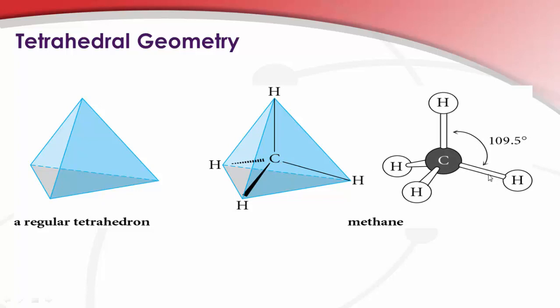Careful thought about this can give us the angle between them at 109.5 degrees. This means an equal angle between each one of the hydrogens. In other words, they're equidistant from each other.